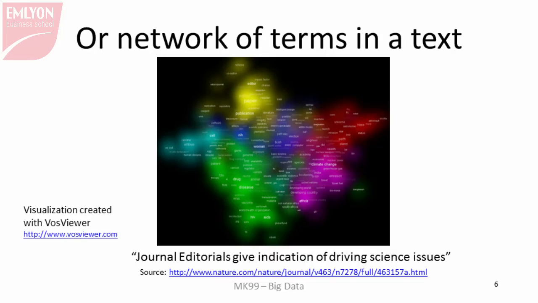A team of researchers collected many papers published in Nature and Science, two famous scientific journals. They looked at the most frequent terms in these publications, and connected these terms when they were used in the same papers.